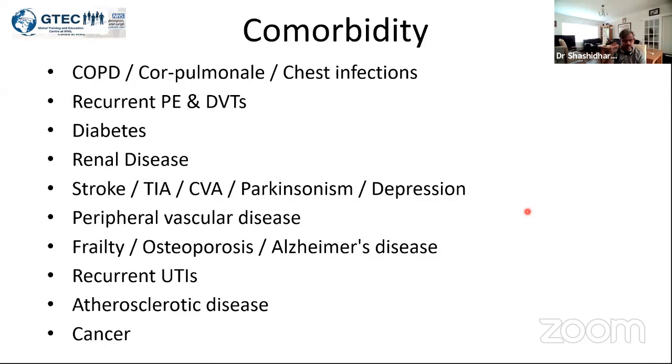They can have severe depression with those medications. They will also have peripheral vascular disease, osteoporosis, atherosclerotic disease. A significant number of patients would have either survived a cancer or have some kind of cancer still being treated.